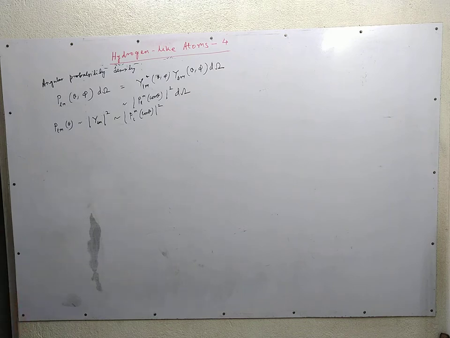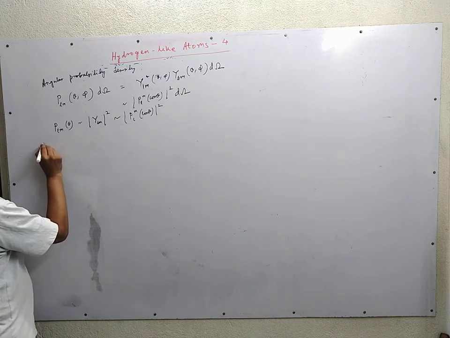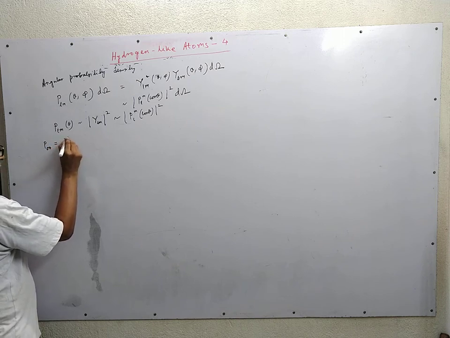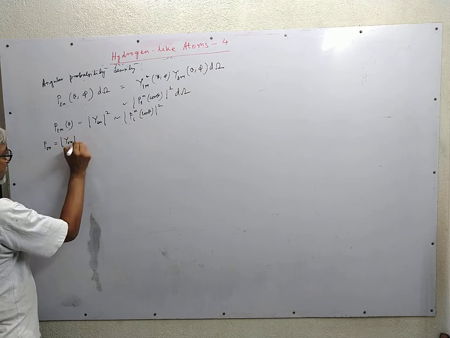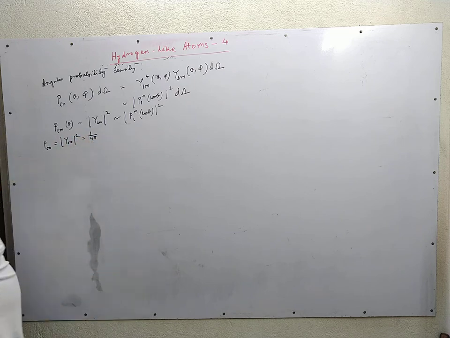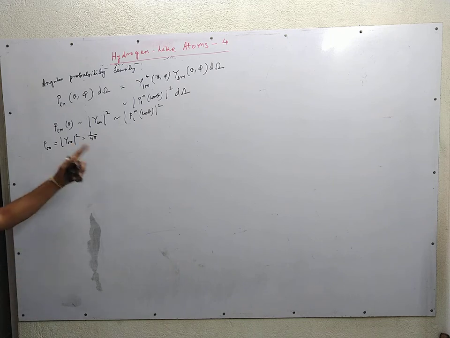So for P00, it is a constant; this is Y00 modulus squared, and it is 1 upon 4 pi, as Y00 is 1 upon square root of 4 pi.